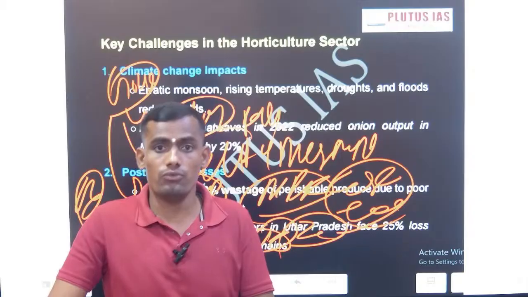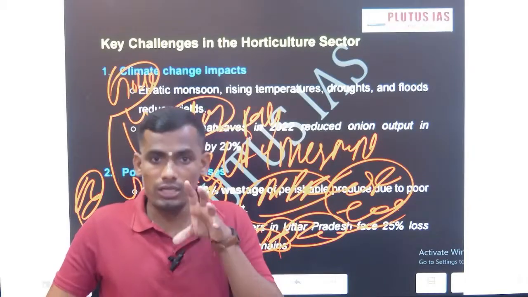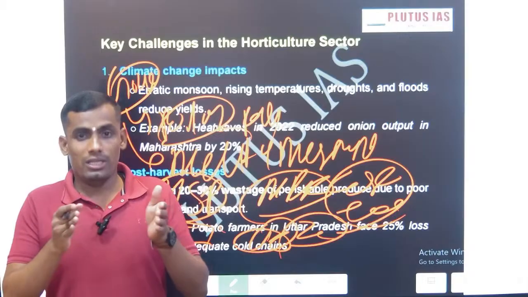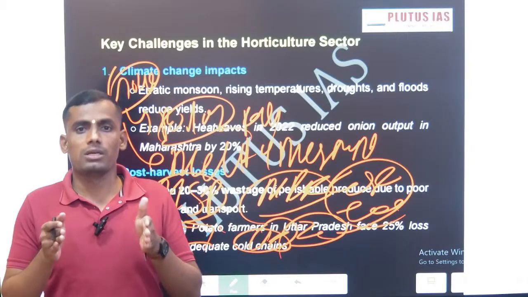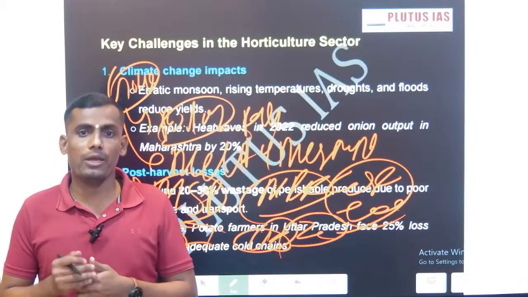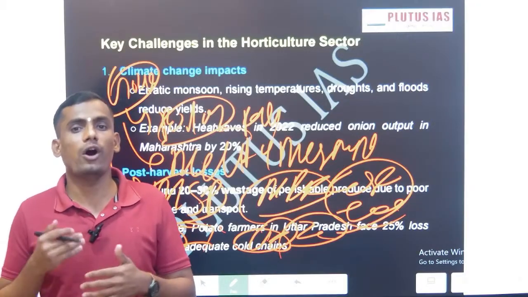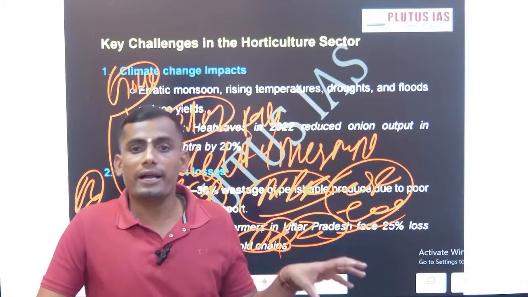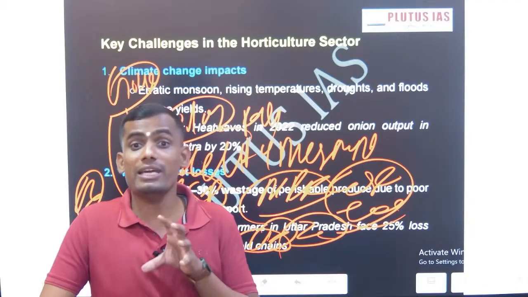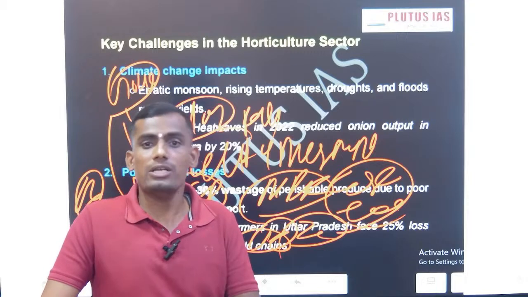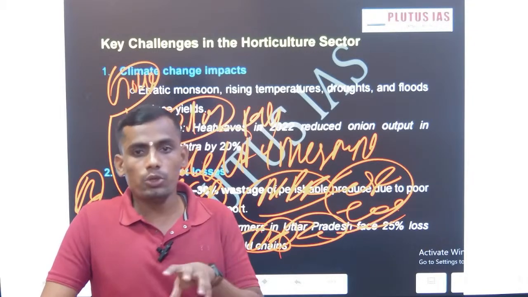The fourth issue will be the infrastructural gap. As I mentioned earlier, 700 crore worth of apples deteriorated because of the infrastructure gap, because they were not exported on time. Why? Because there was a transportation gap, connectivity leakages, and this led to the 700 crore deterioration of the apple.